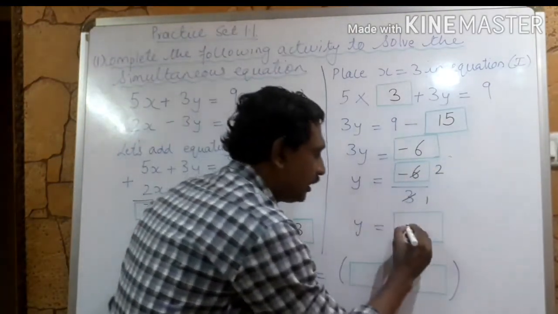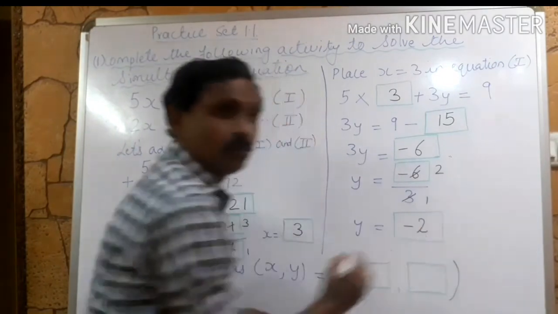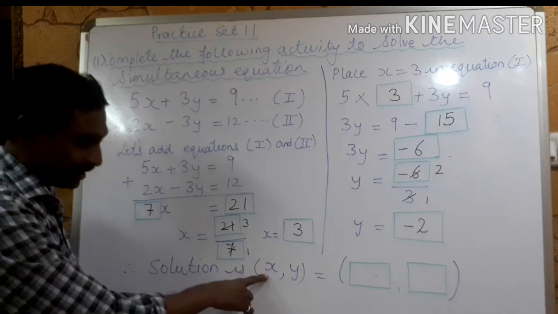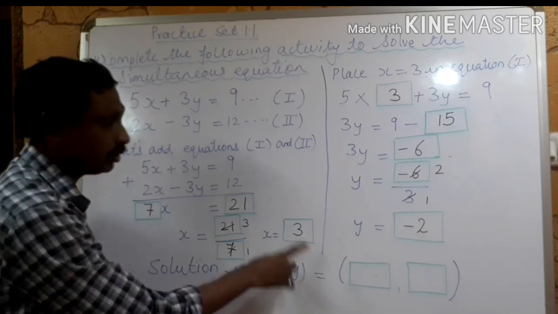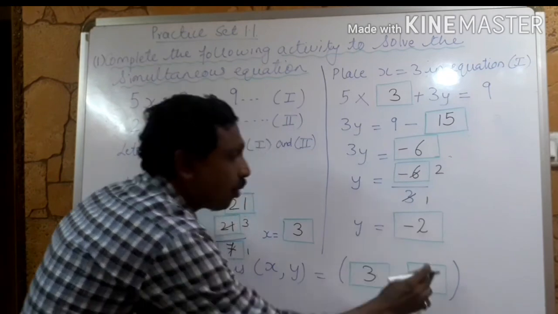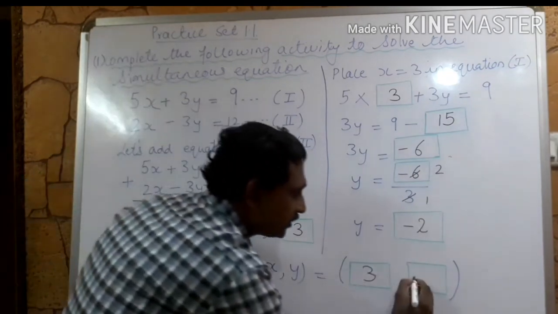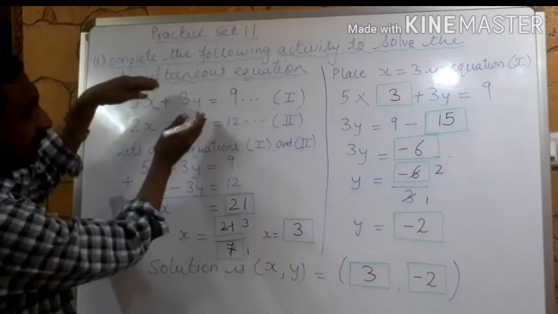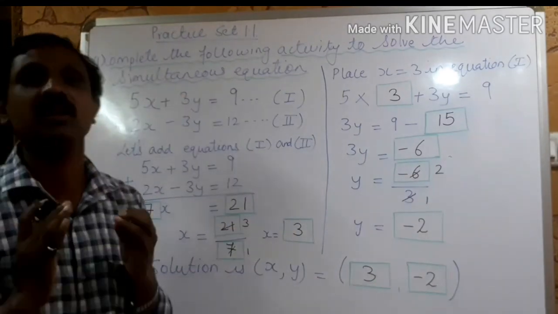Therefore, y is equal to minus 2. Now, therefore, solution is x comma y is equal to, what is the value of x? Place it here. What is the value of y? Place it here. This is the solution of the given simultaneous equations.